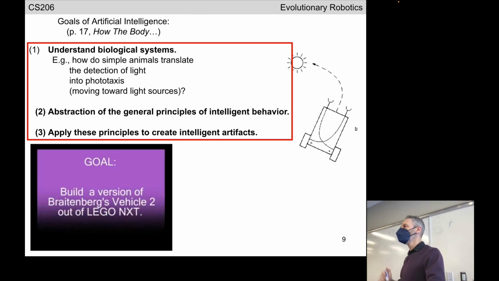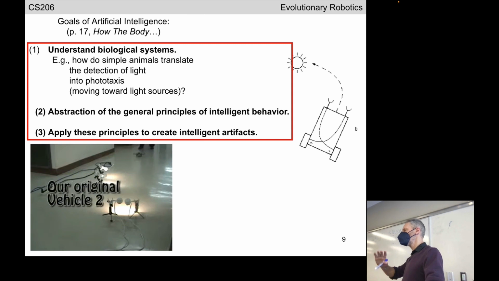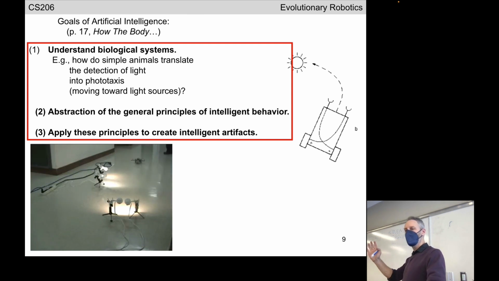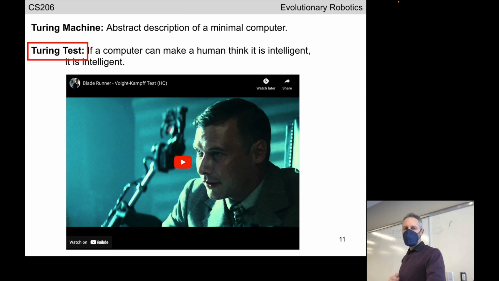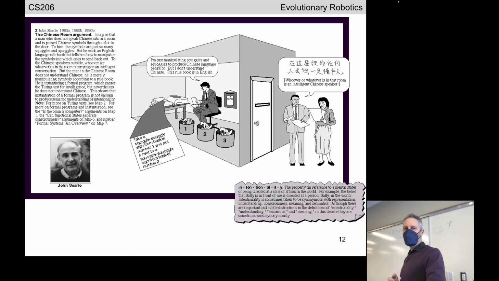They hopefully will tell us something about biological evolution or biological intelligence or intelligence in general. We visited the 1960s, the very first chatbot, Eliza. We talked about the Turing test, and we ended in the 1980s with the Chinese room. This was John Searle's response or rebuttal to the Turing test.